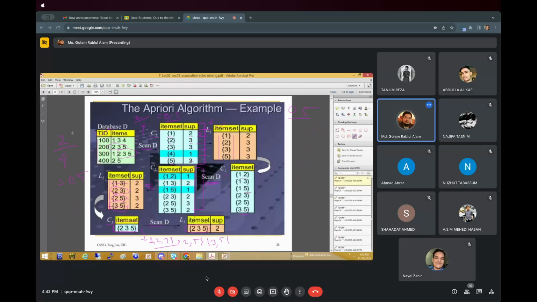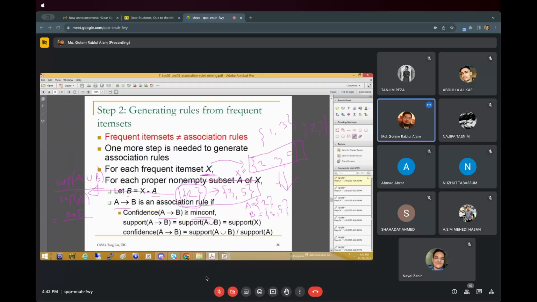So the support of A is 3 out of 4, which is 0.75. So here is 0.75.